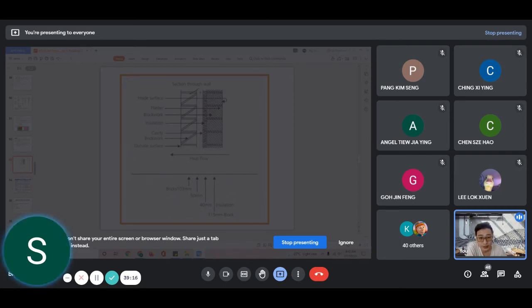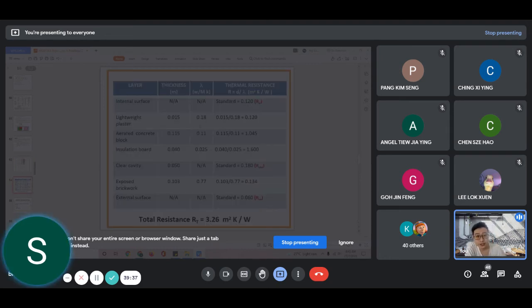You can have a brick layer, air gap, then the insulation, the plasterboard, then another layer of brick, then a plaster, and then any outside layer or inner layer. So once you work all of this out, when it comes to thermal resistance of the material, you can just add them together. So let's see.